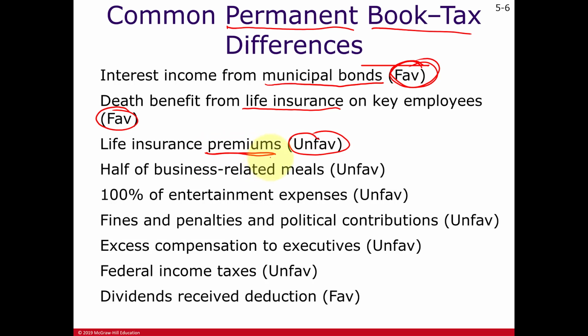Still shows up as an expense on the income statement, but you cannot deduct it on the tax return. So this is a permanent unfavorable difference. In a way, it is kind of like a temporary, right? It's unfavorable here, eventually turning favorable in the year the employee passes away.